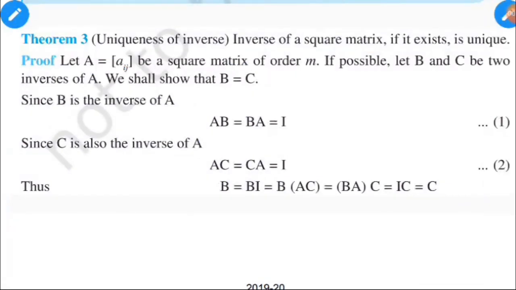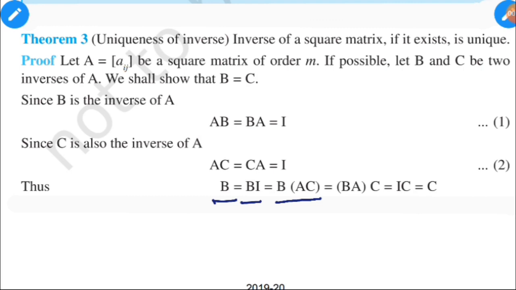Now B equal to BI. Any matrix we can multiply with the identity matrix, the answer will be the same. So B equal to BI, that's equal to B into AC. Instead of I, just substitute AC from the second equation.